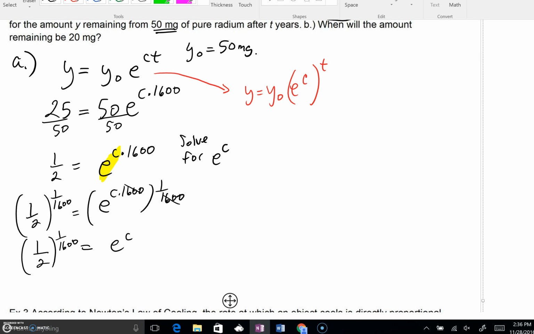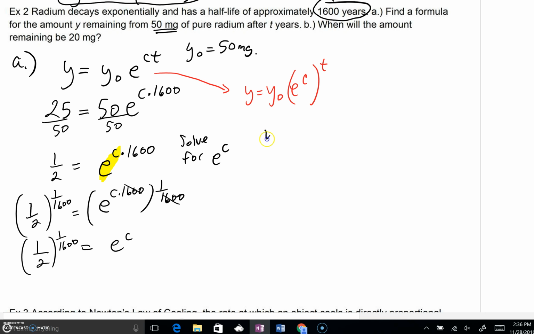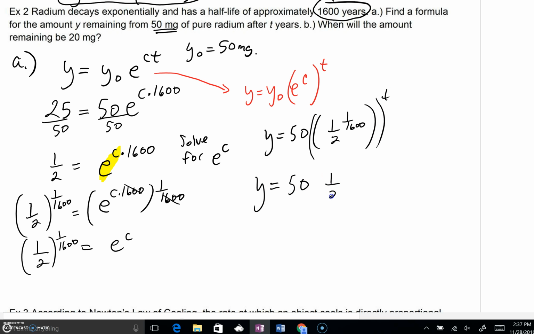The reason why you might want to think of it that way is because then you could say, well, my y naught is 50. Then I've got 1/2 to the 1 over 1600. That's my e to the c. And then I'm going to raise that up to the t power. Well, I hope it's not too much of a stretch for you to see that your final form for an answer is 50 times 1/2, raised up to the t over 1600 power.